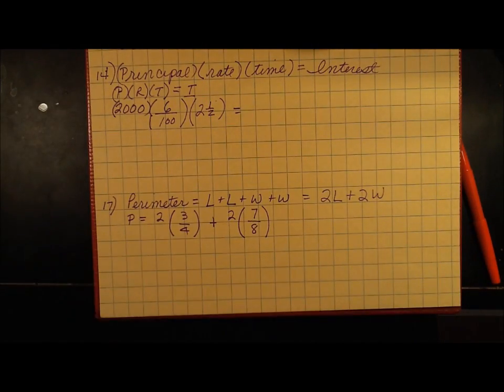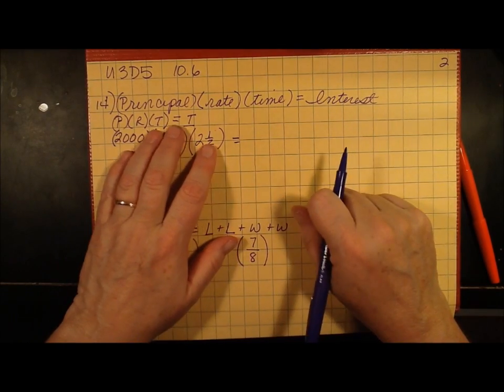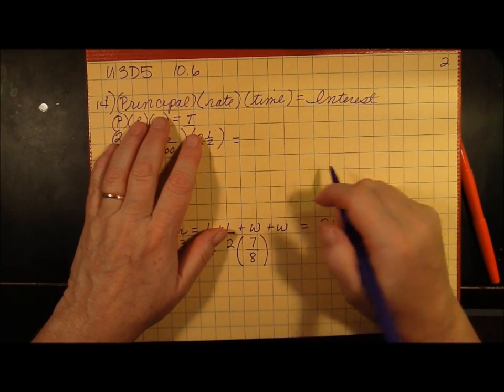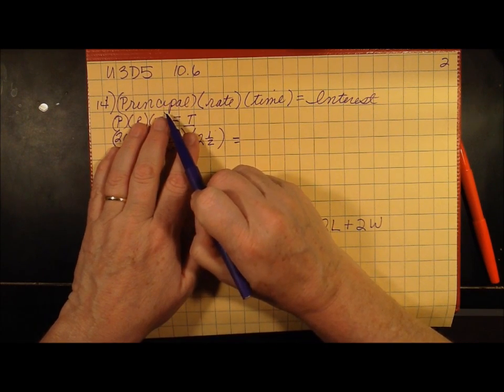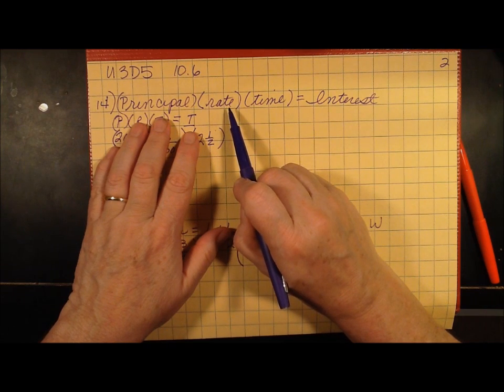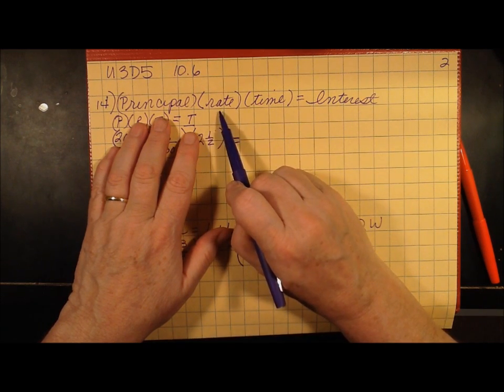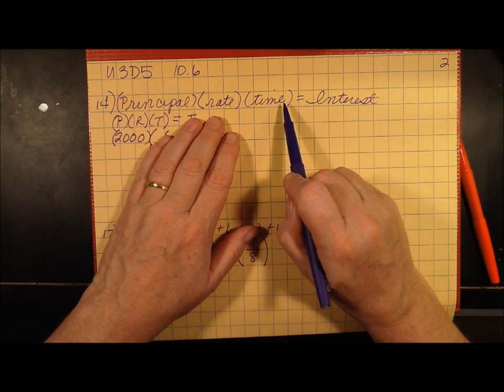Let's look at number 14. Again, when we take out a loan or you loan somebody some money, the first chunk of money you loan or get is called the principal. They charge you a rate of interest or give you a rate of interest, so that's the rate. And that rate goes for a certain amount of time.